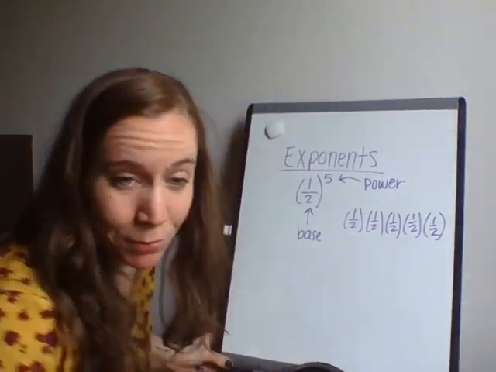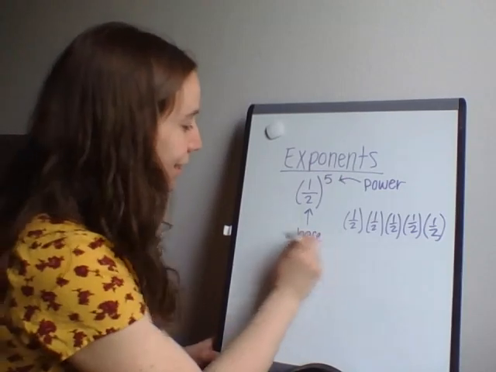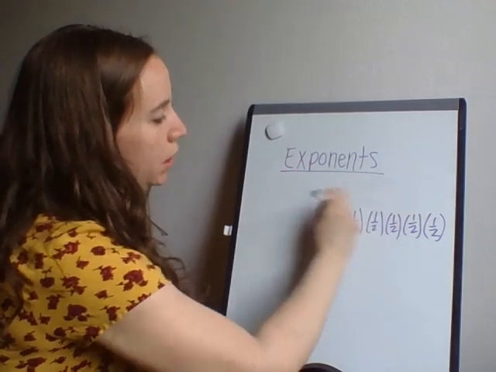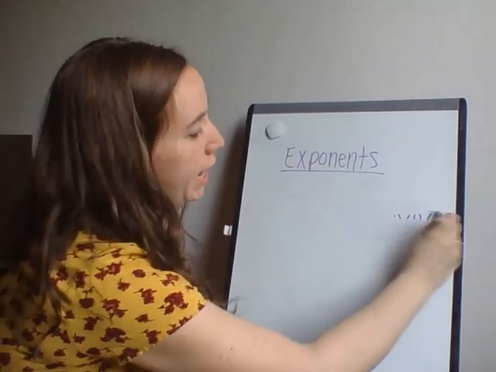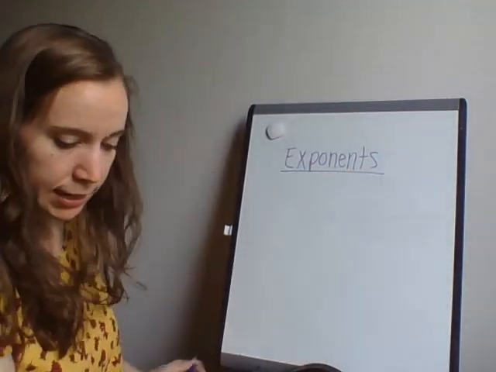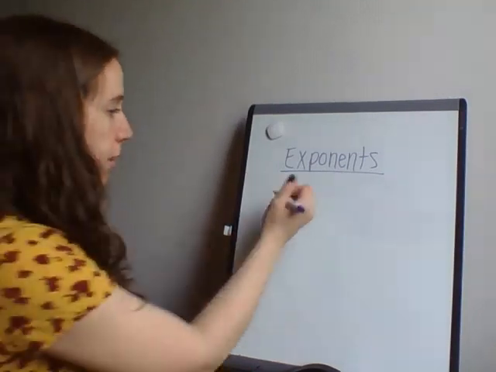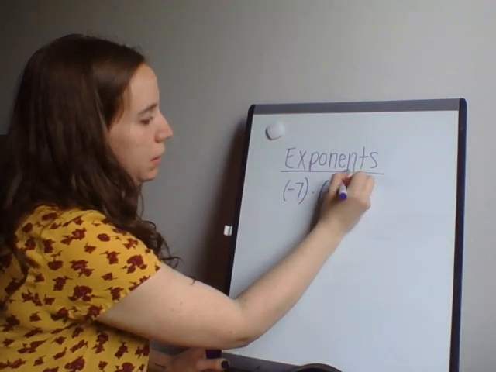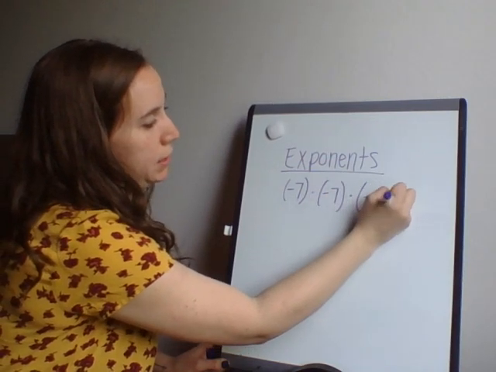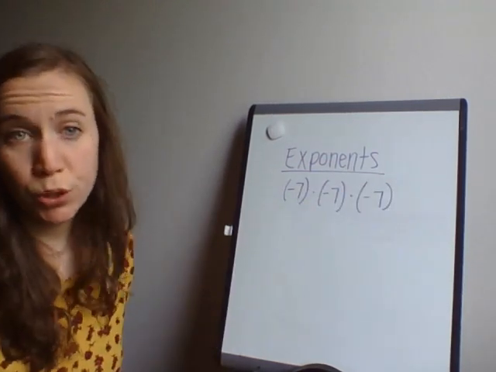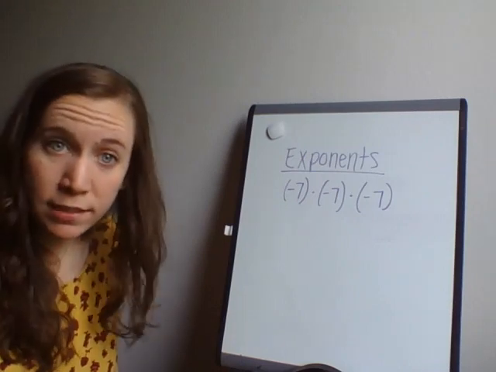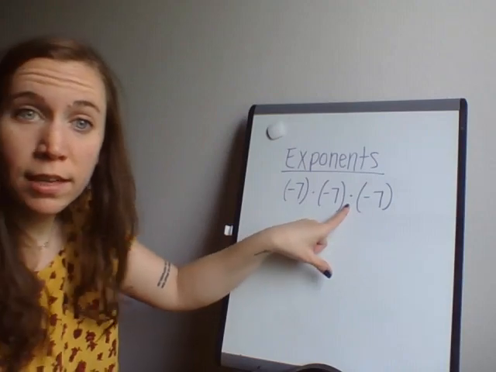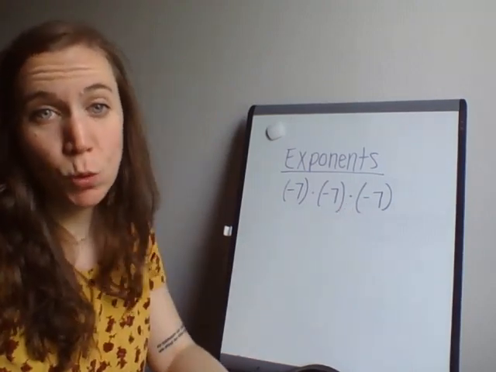Now we're going to do some examples of what that means. If we had -7 times -7 times -7, and I told you to write that using exponents, first of all, you want to make sure that it's using multiplication, and then you want to count how many times you're multiplying by itself.